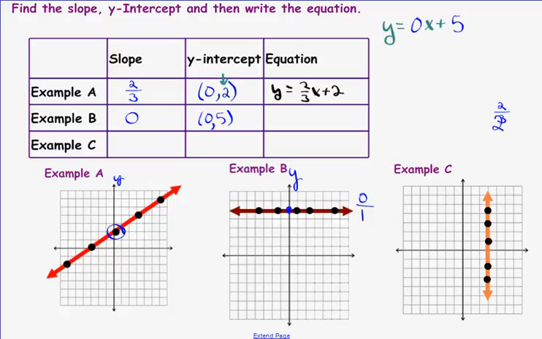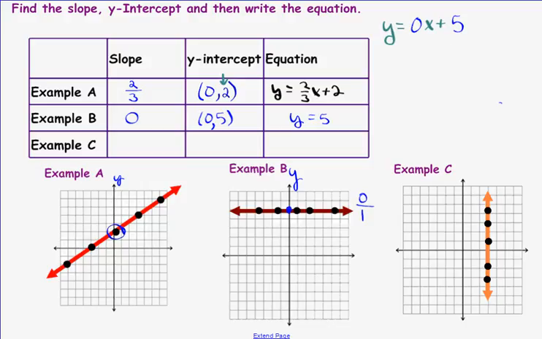Now I can simplify this, because 0 times x is 0. So this is really y equals 0 plus 5, so y equals 5. This is called a constant, meaning there is no change. I have no slope.